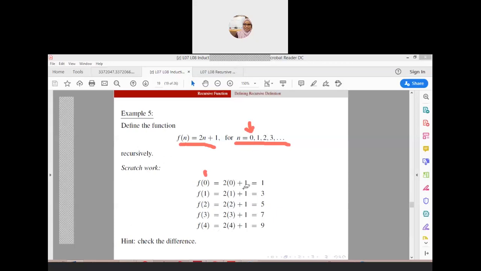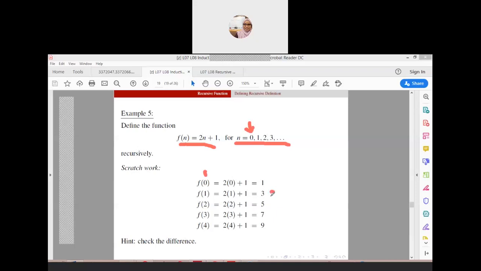Okay, so how can we get the pattern to create the recursive step? The idea is to check the difference. What is the difference between the previous and the current value?